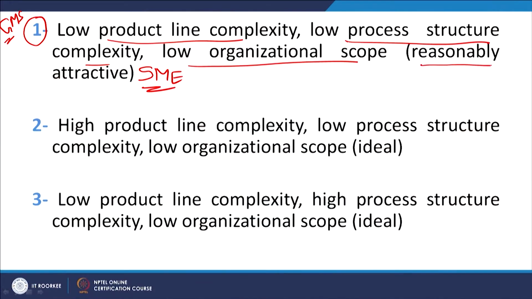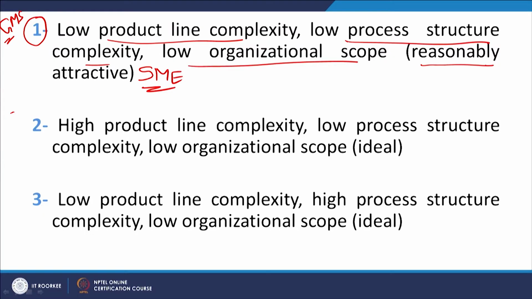You have a limited number of products, and depending upon the requirement of the market, which type of product is more useful at a particular time, you will like to make that type of product. So, it is reasonably attractive. As I mentioned, we will also discuss which generic strategy is attractive and which is not attractive. So, this is a reasonably attractive strategy for the small and medium enterprises.